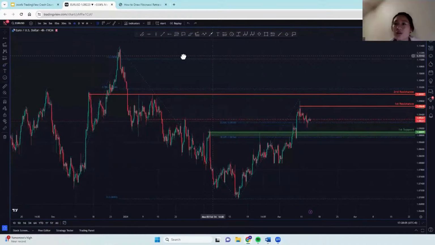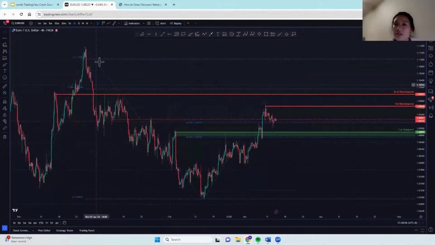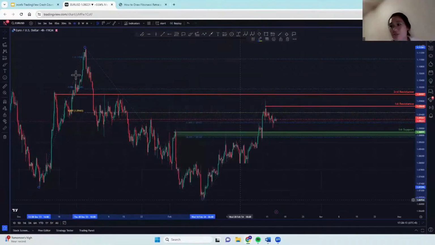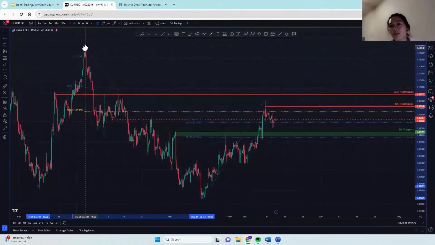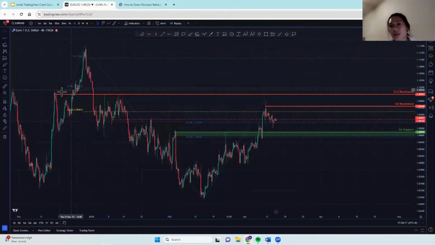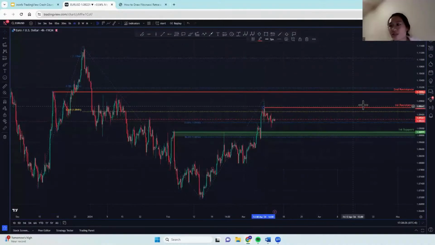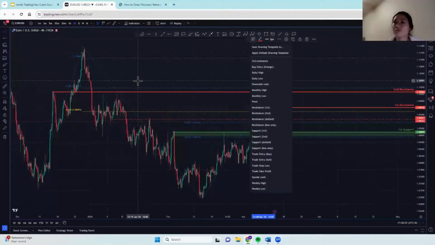You can see that for our projection, we use 61.8, 78.6, and 100%. You can see my 78.6 is in line with my second resistance. My 61.8 is also in line with my first resistance. So I'm just going to keep those two levels.